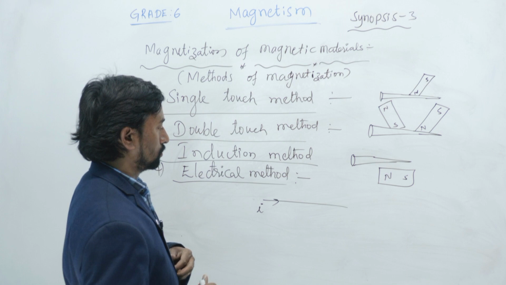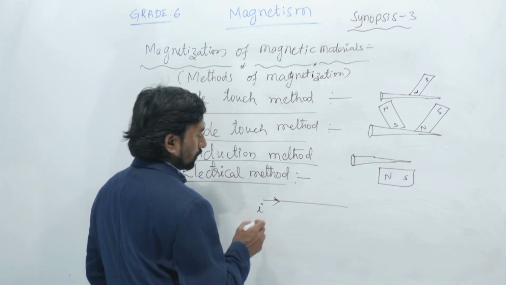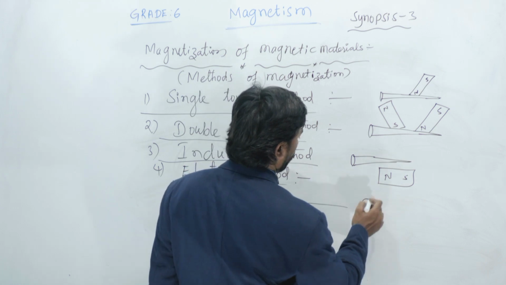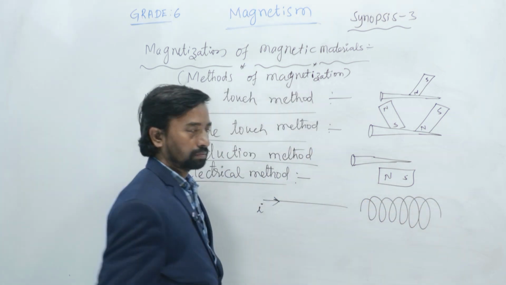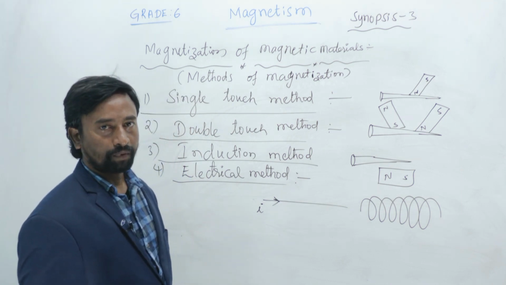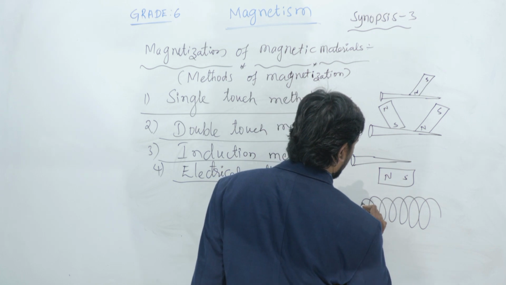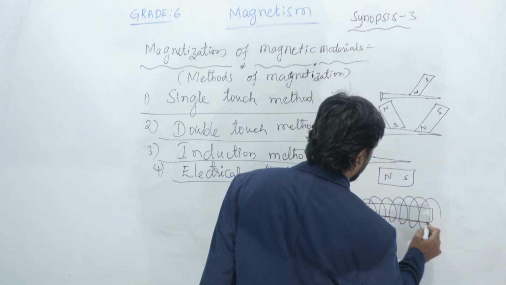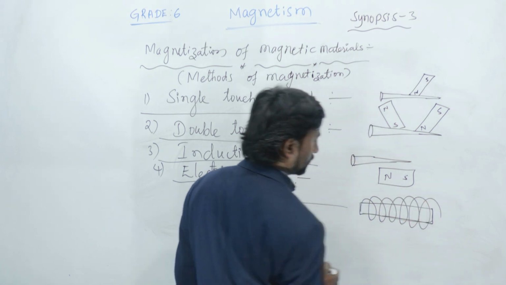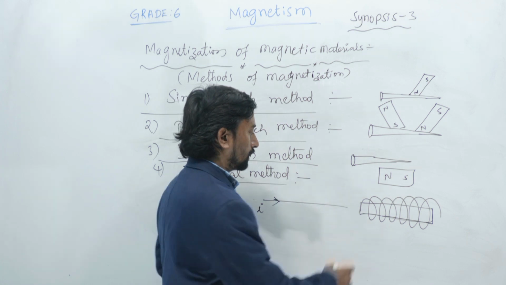Now if this conductor is made into a coil, it will exhibit more magnetic nature. If any metal is kept inside this coil, the magnetic nature increases in it.